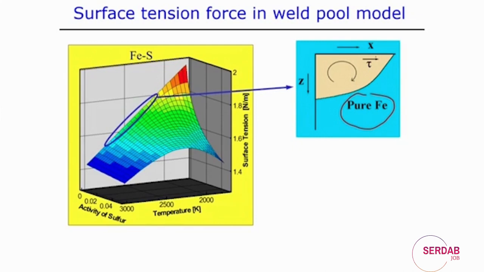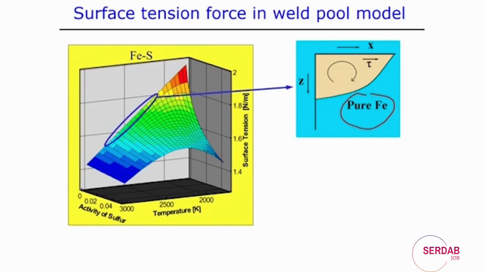Here the shear stress is basically acting from center to outward periphery. That tries to drive the molten material from center to outward periphery, and it creates a material flow in clockwise direction.